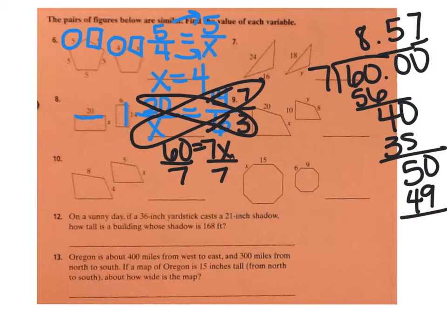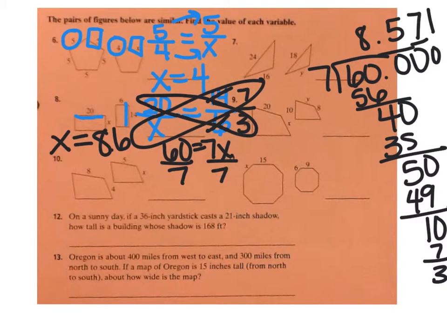That is 49. Bring down another 0. Goes in 1 time. And as you can see, we have a decimal that goes on for a while. So we're just going to go ahead and round it, and we're going to say that x is 8.6.